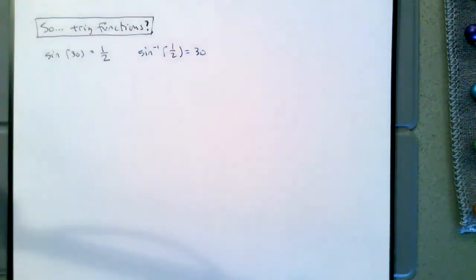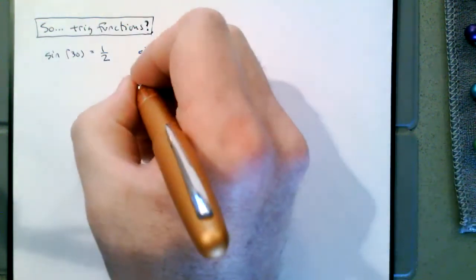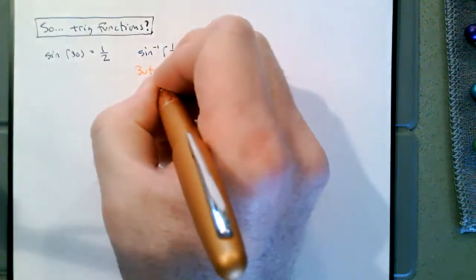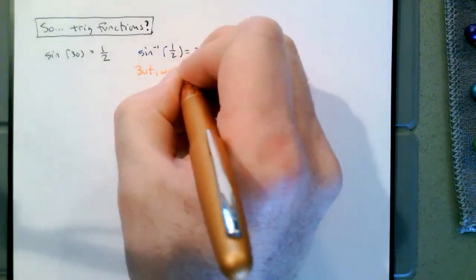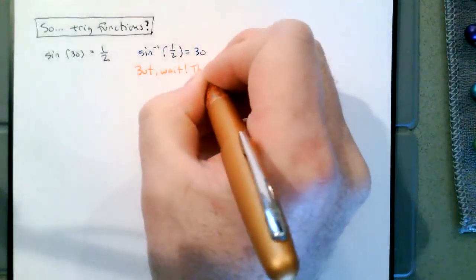So our calculator will tell us that value, but when we're solving an equation, we want all the values. So infomercial time, but wait, there's more.